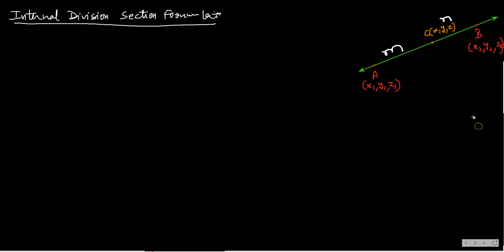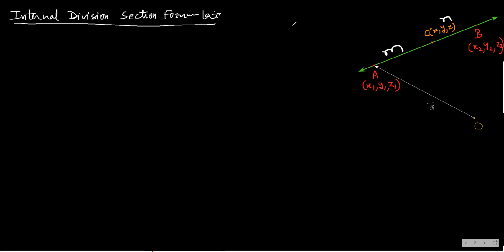Now I join this O with A. When I join O with A, what I get is the position of point A with respect to O. I'm getting its direction and its distance, everything with respect to O. So this gives me the position vector of point A, which is A bar.